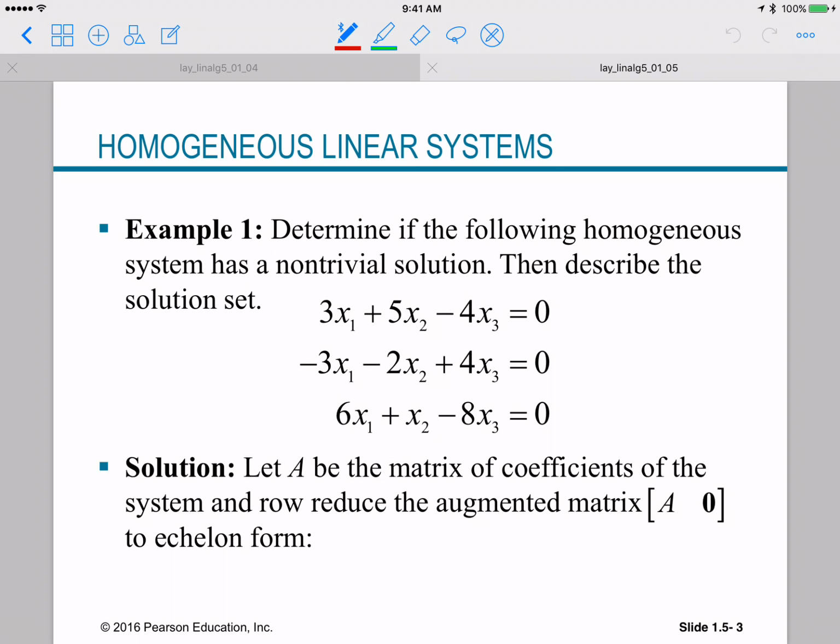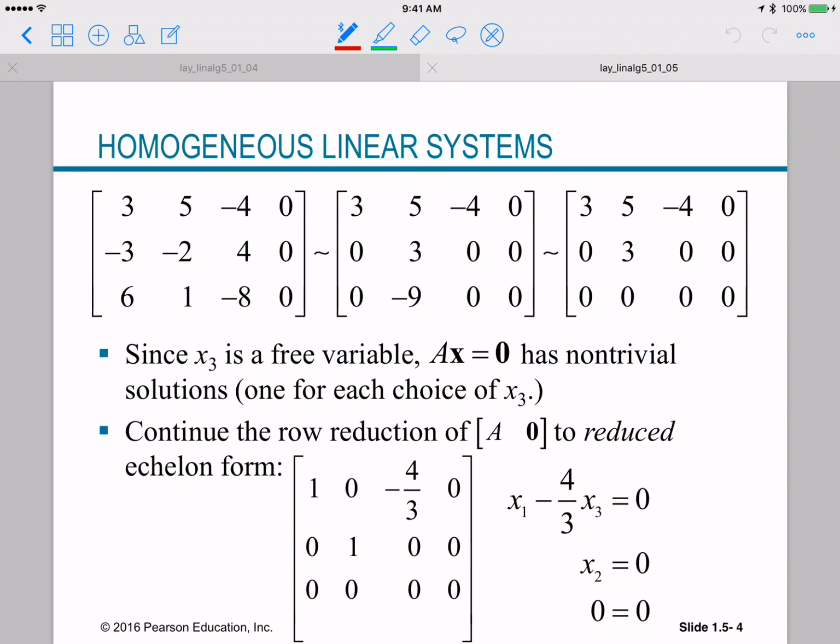Okay, so let's look at an example. Suppose we have this equation, and this is called a homogeneous equation since we have all zeros, right? And so our augmented matrix is like this. We have these coefficients and zeros, and then we do some row reduction.